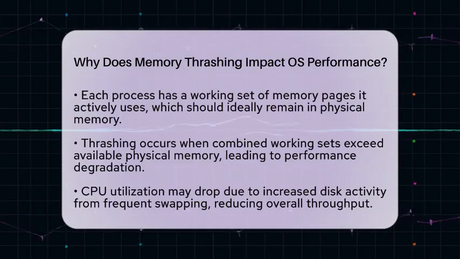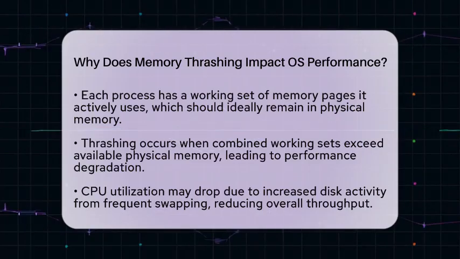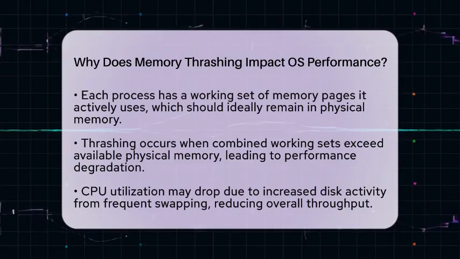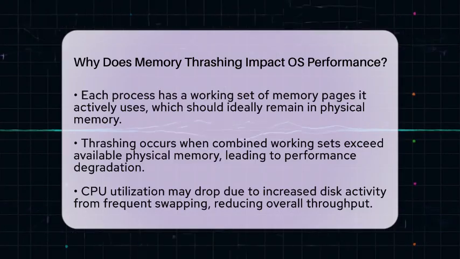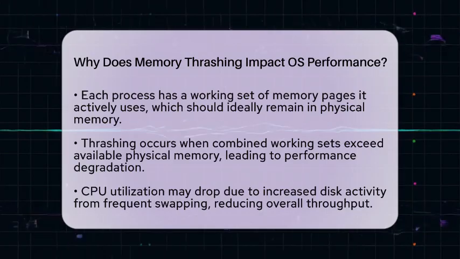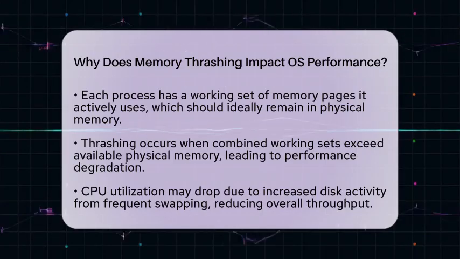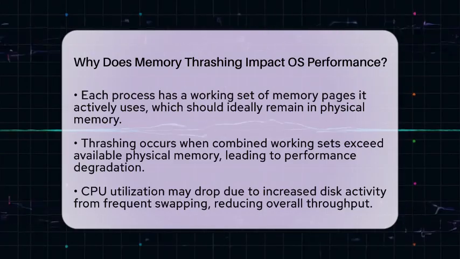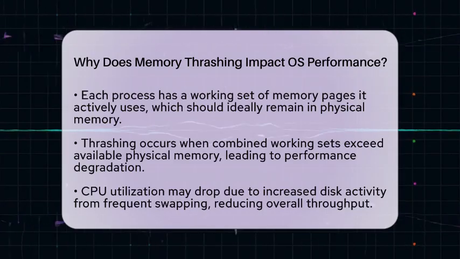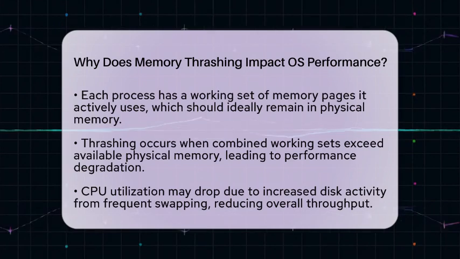Additionally, as disk activity spikes due to frequent swapping, central processing unit utilization can paradoxically drop. This is because the central processing unit is waiting on slow disk input and output operations, which reduces overall throughput. In extreme cases, thrashing can even lead to system crashes or freezes as the operating system struggles to allocate memory efficiently.